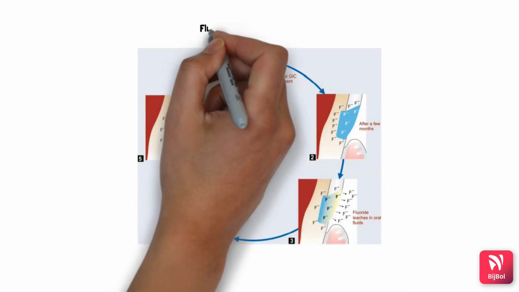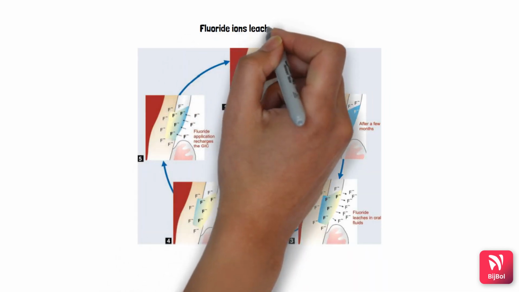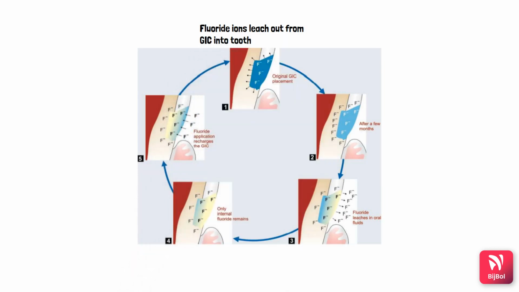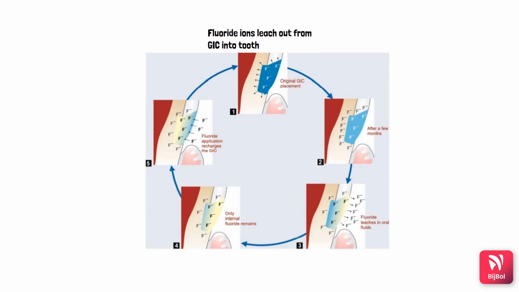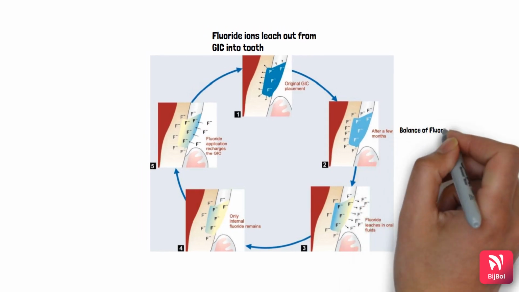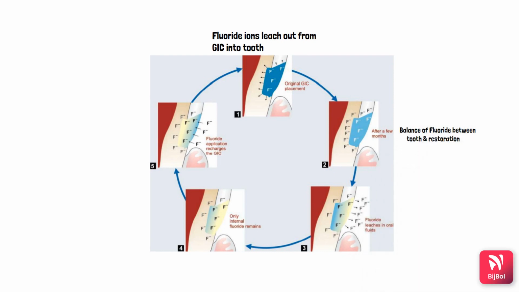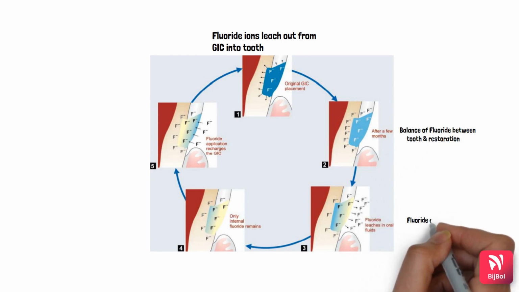And if you observe how this property acts, the fluoride ions leach out from the GIC into the tooth when it is placed in the cavity. Then there would be a balance of the fluoride between the tooth and the restoration.